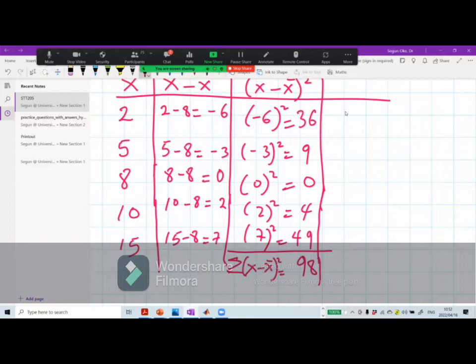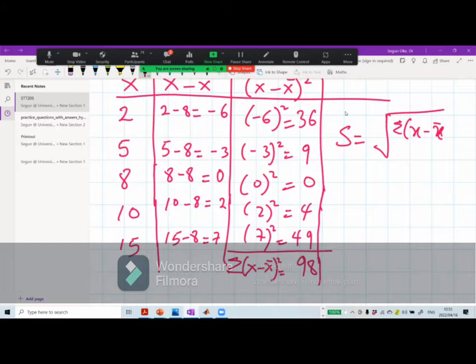So I can go ahead and calculate. My s in this case is the square root of summation of x minus x bar squared, that is, the square root of 98.